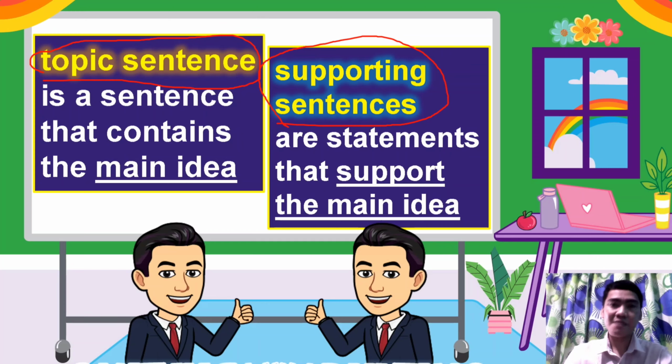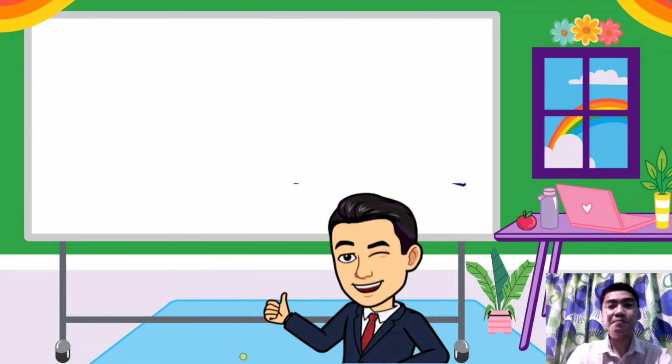That's easy. So if we have 5 sentences, remember, basically, our topic sentence or our main idea is the first sentence and the rest are the supporting sentences. Understand? Alright, so let's see.